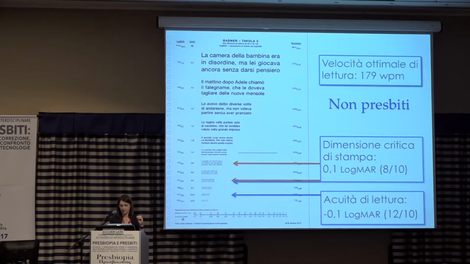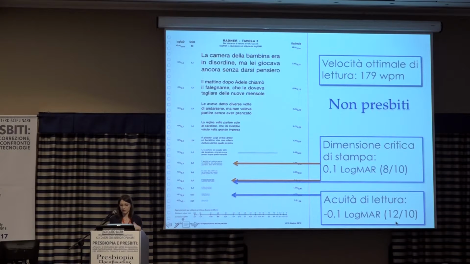As a matter of fact, the critical print size and reading acuity are affected. So being able to read small font. In the groups of emerging presbyopes and monovision, the critical print size is 8M at the same distance, and you can see it was 5M in presbyopes. In students, it was 8M.